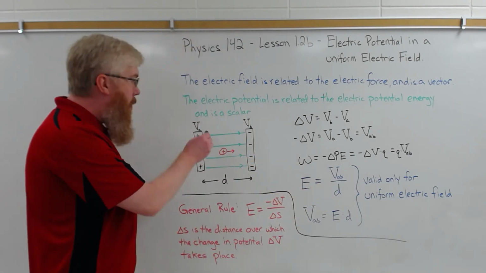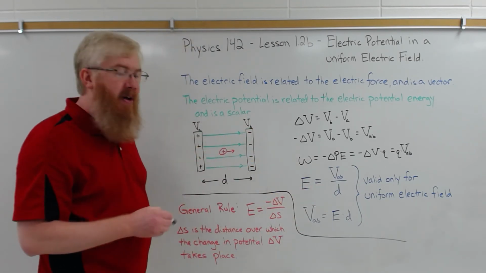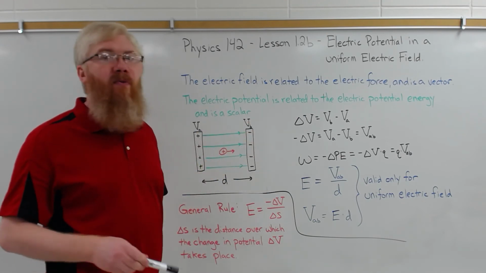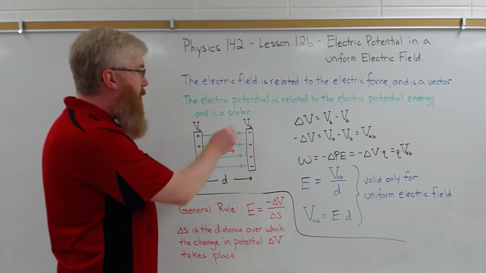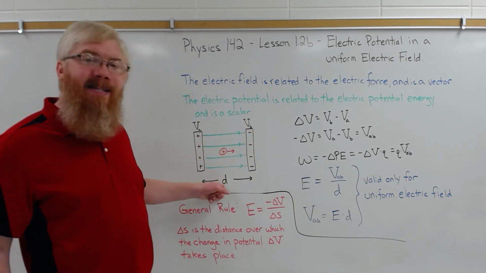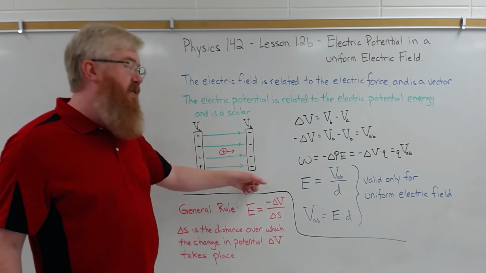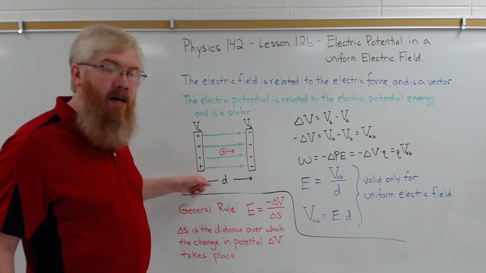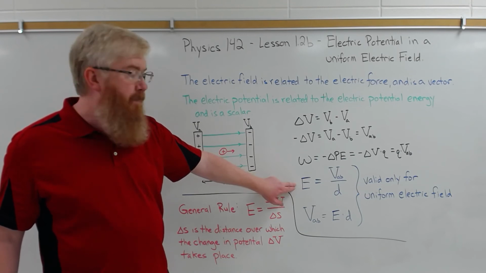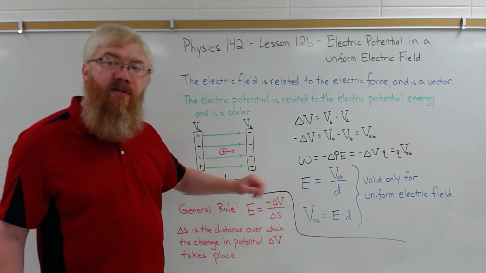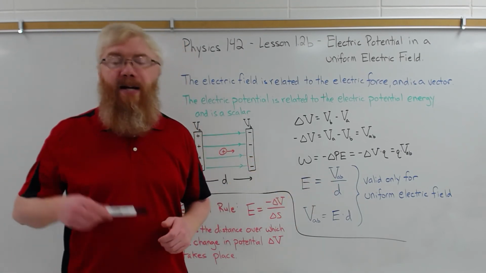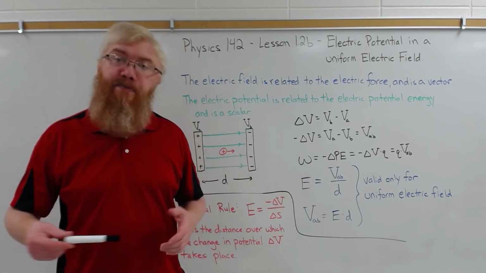So if I know V sub A and V sub B, if I know there's 9 volts between them, or 12 volts, or 20 volts, or 100 volts, or 5 microvolts, or whatever, if I know the difference in voltages between those two terminals, I divide it by the distance I've separated these two terminals at, that gives me the electric field. Again, only if the electric field is uniform. If the electric field is not uniform, this equation is no longer valid. It actually requires calculus to do, which is beyond the scope of this class.